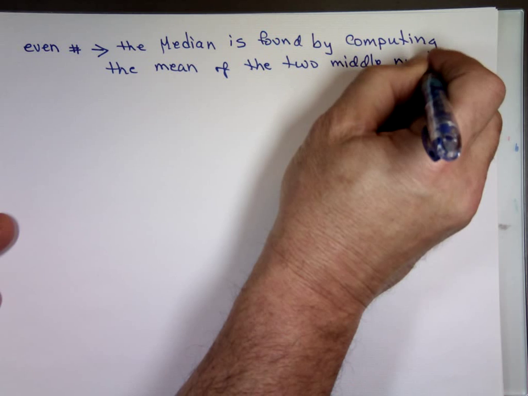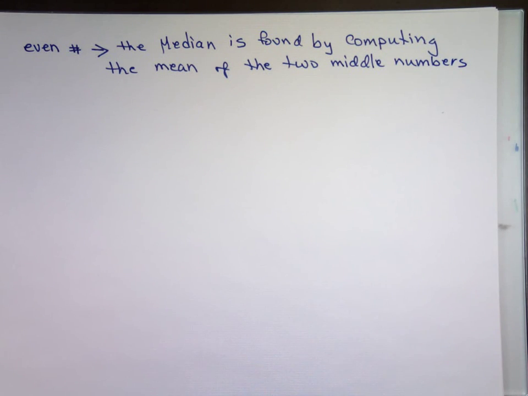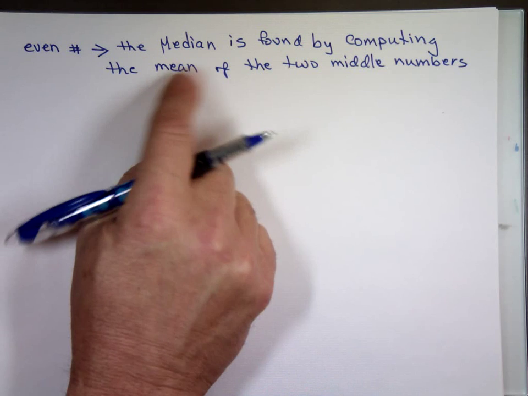What does that mean? The median is found by computing the mean of the two middle numbers. The median could be halfway between your two middle. Halfway, exactly. You take the two middle numbers, you add them and divide by 2.